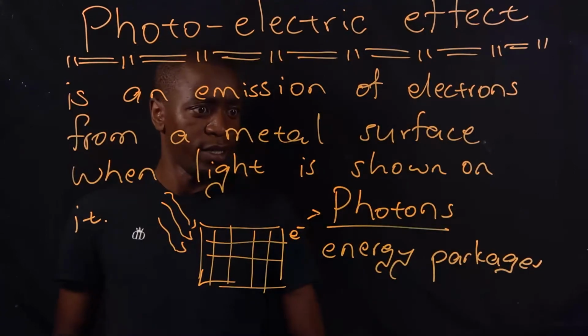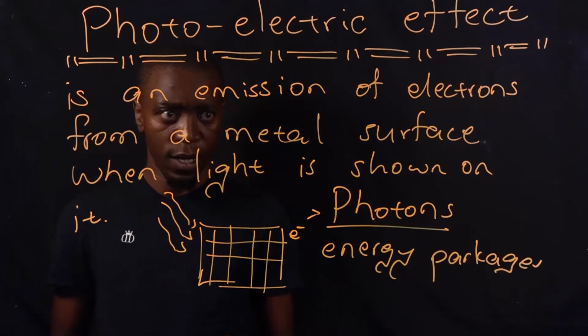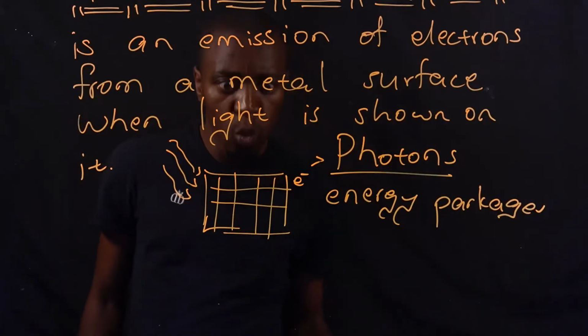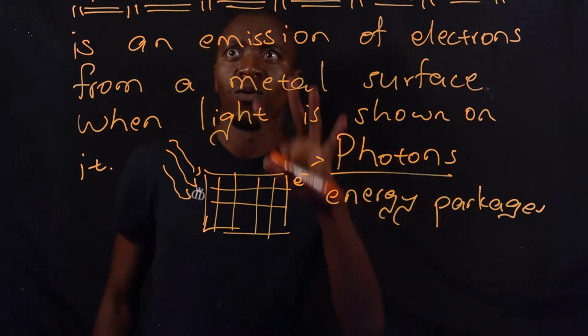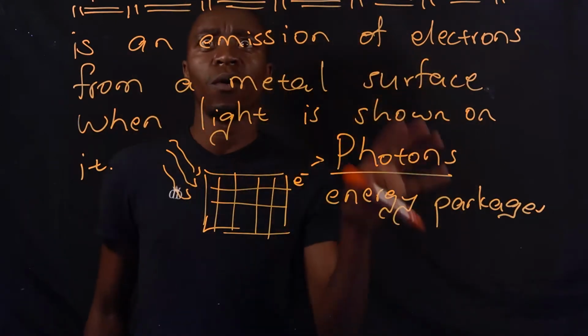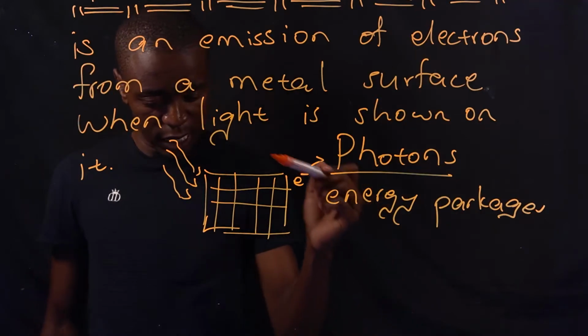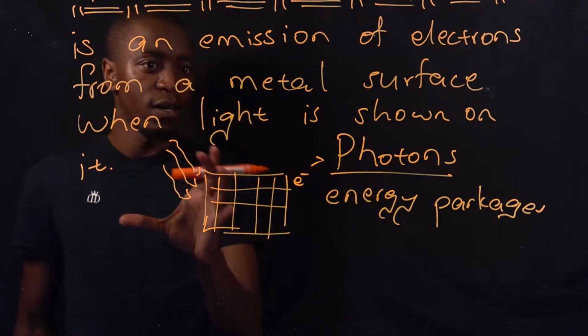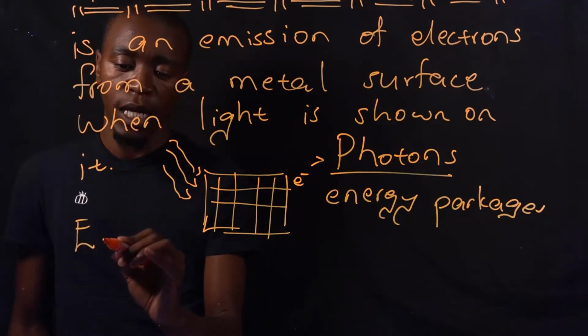That's photons. So we have photons, which are energy packages. So if we have all of this energy, we can calculate energy from light. Light has energy, so we can calculate energy.